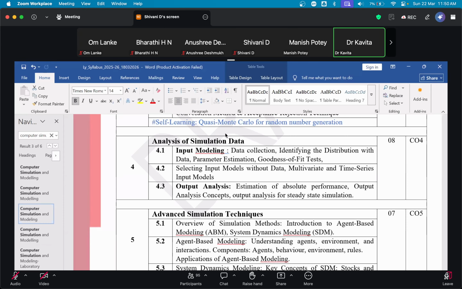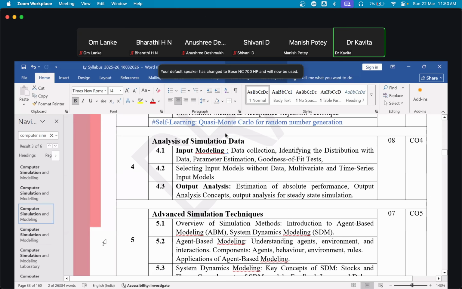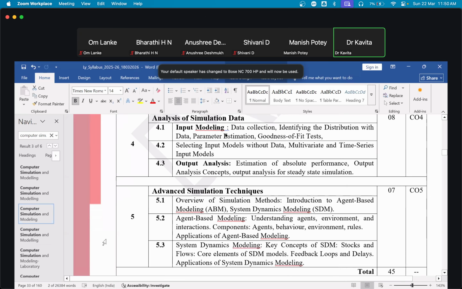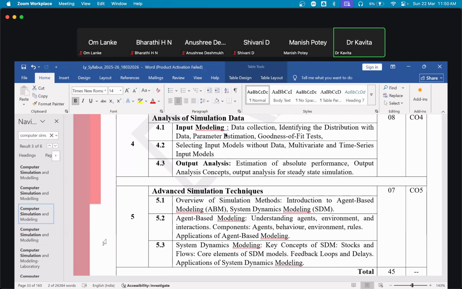All those theoretical concepts come in the fourth module. Also, there are some tests that you perform on the generated data, like goodness of fit and parameter estimation. So this is a mix of solving problems as well as some theoretical concepts.